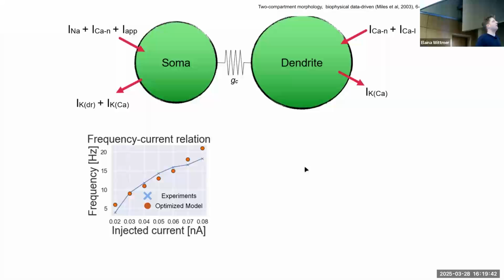So for example, we might have experimental data where you inject a current, increasing current, and you observe how the firing changes. And you would expect that as you increase the current into the system, the firing goes up. And so the challenge is really to try and find these parameters such that we basically recapitulate the data that we see in the real system.